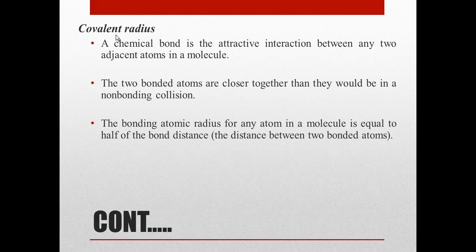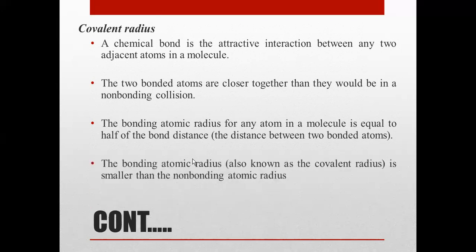This is very important. The word radius means what? Half of the distance. One half of the distance is called what? It's the covalent radius. So the bonding atomic radius, also known as the covalent radius, is smaller than the non-bonding atomic radius. This is very important. Why are we saying this?